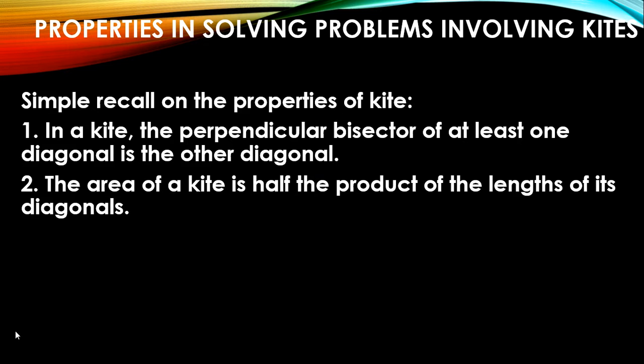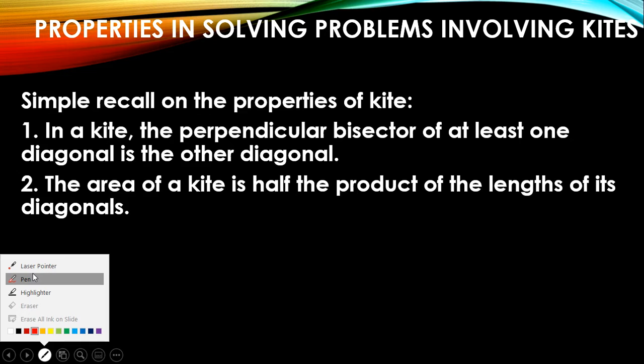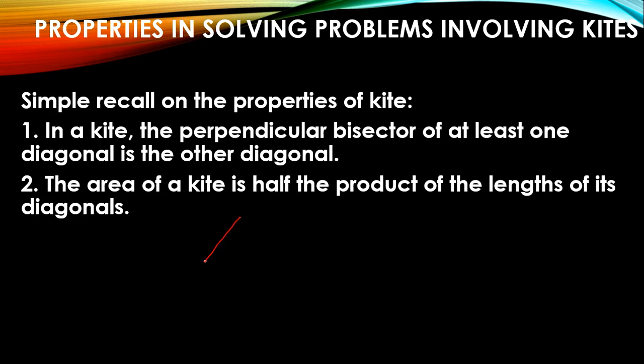So I have to draw a kite to illustrate the example of the perpendicular bisector. So this is the kite. I will name this kite ABCD.